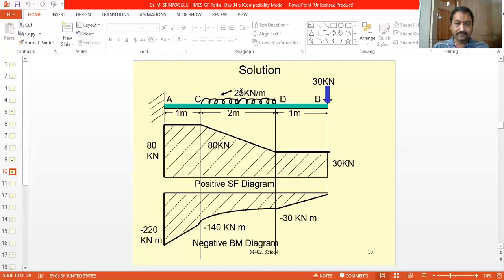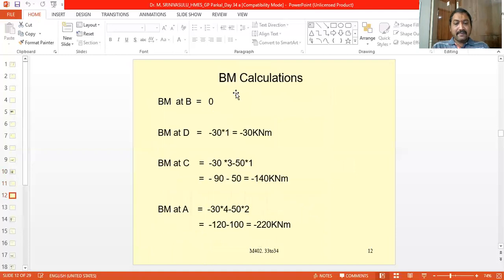Next, the other force. This is the UDL. How much? 25 into 2, that is 50. And it is acting at a distance of 2 by 2, because the total distance is 2 meters, that is x, so x by 2 is equal to 2 by 2 is equal to 1 meter. So 25 into 2 is the force and 2 by 2 is the distance. So these are the two forces.